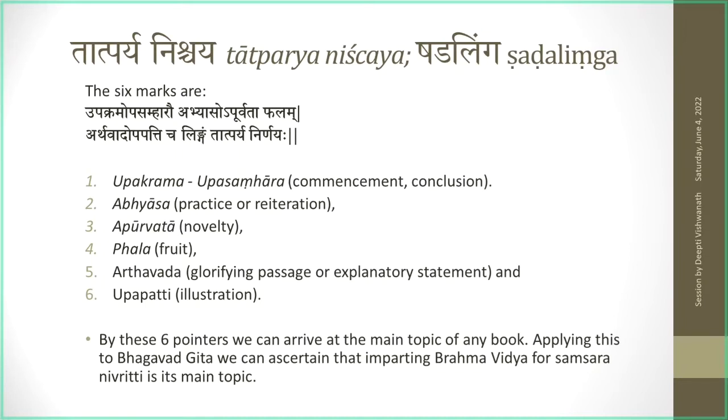The Dvaitins would say Sharanam is repeated. Tilak, like said, what is repeated? Karma Yoga is repeated. So based on what is repeated, you are arriving at a nishchaya, a conclusion of what this topic is talking about.